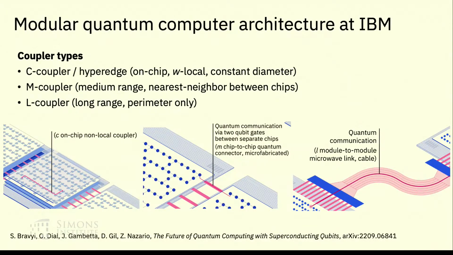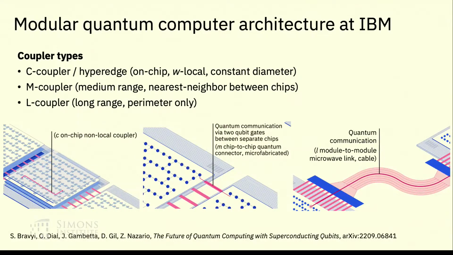Some examples of these couplers that are in development are the C coupler, M coupler, and L coupler. The M and the L couplers, we imagine connecting different chips, both very close together with the M's, or at longer range between different fridges with the L's.